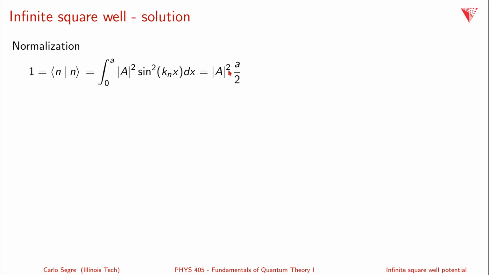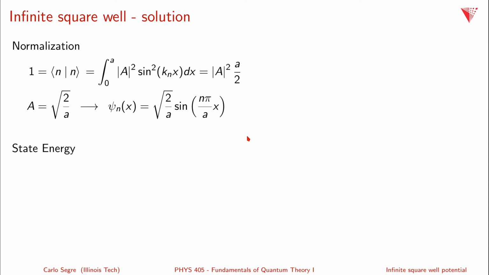So we get capital A modulus squared times a over 2 equals 1. This means we can solve for A. Capital A is just the square root of 2 over lowercase a. And note that this doesn't depend on n. It's the same for all functions. And so my final nth wave function is psi sub n of x equals the square root of 2 over a times sine of n pi over a x.